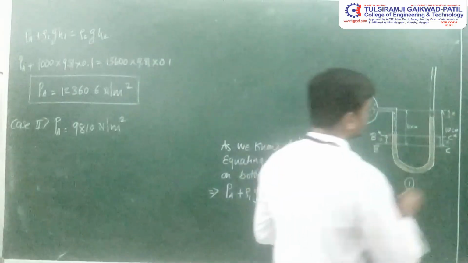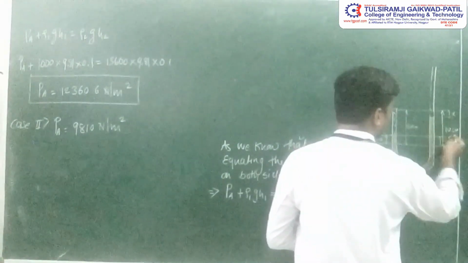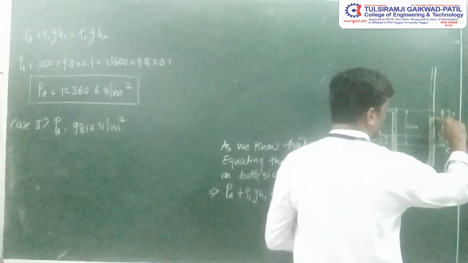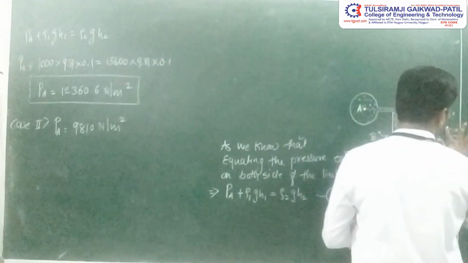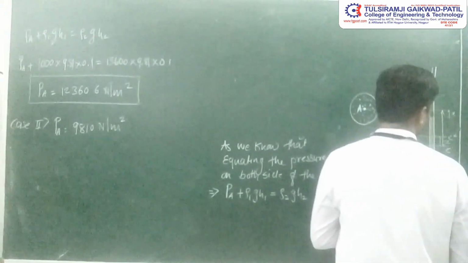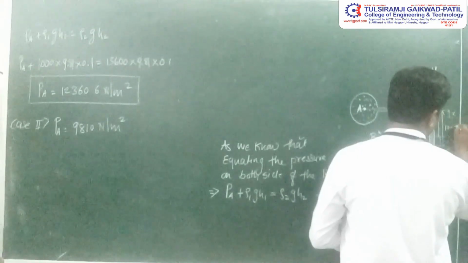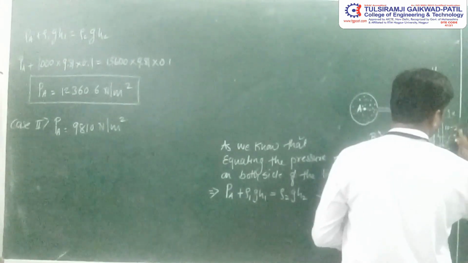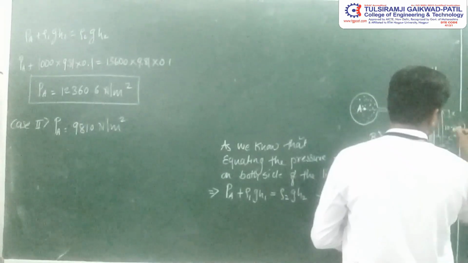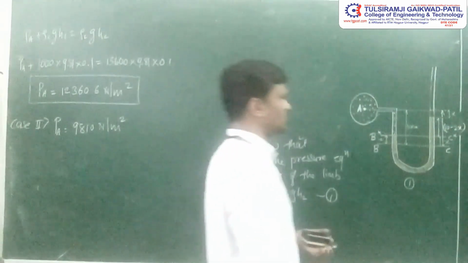So what remains? This is the new level and this is the new level. So this distance, how much? This distance will be 10 minus 2 times x.